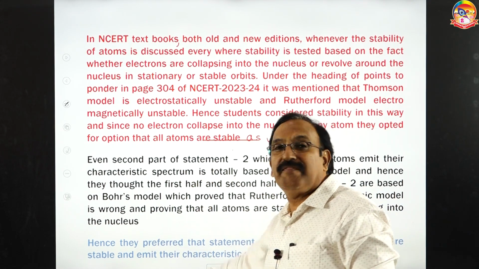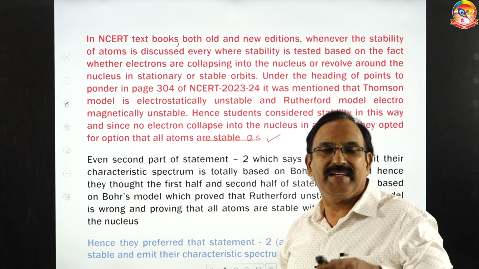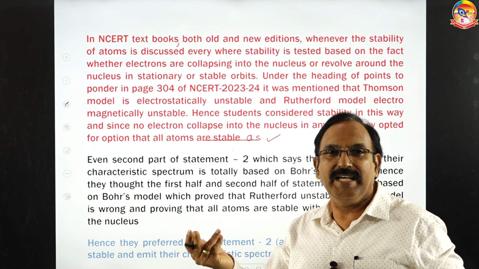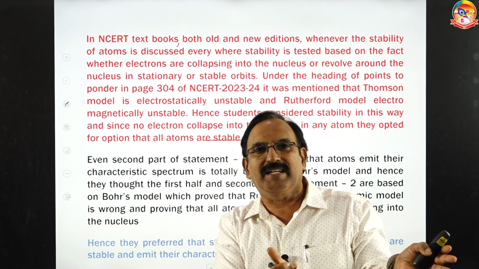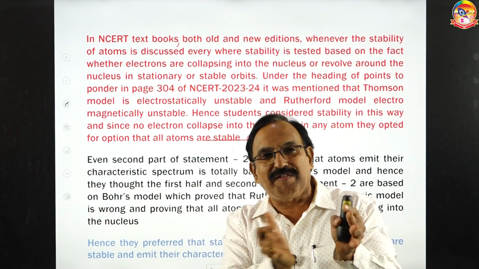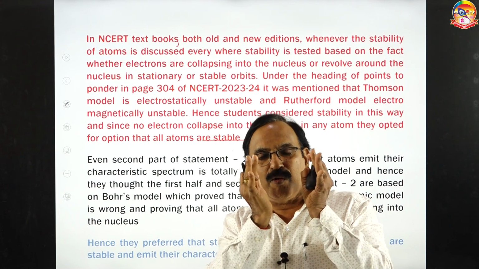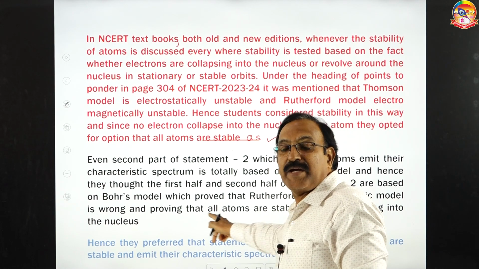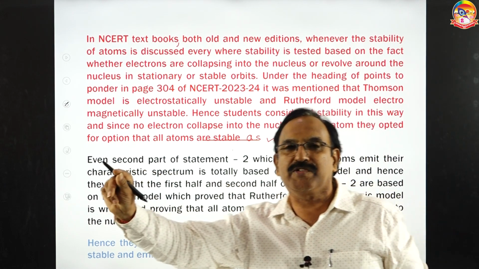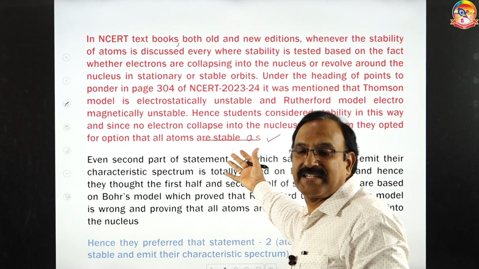Even the second part of statement 2, which talks about the characteristic spectrum, has everything to do with the Bohr model. When the second part of the statement is about the Bohr model, naturally the first part is also about Bohr's model. So they were thinking of stability only in terms of Bohr's model, and then they opted for the statement that each and every atom is stable and every atom emits the characteristic spectrum.